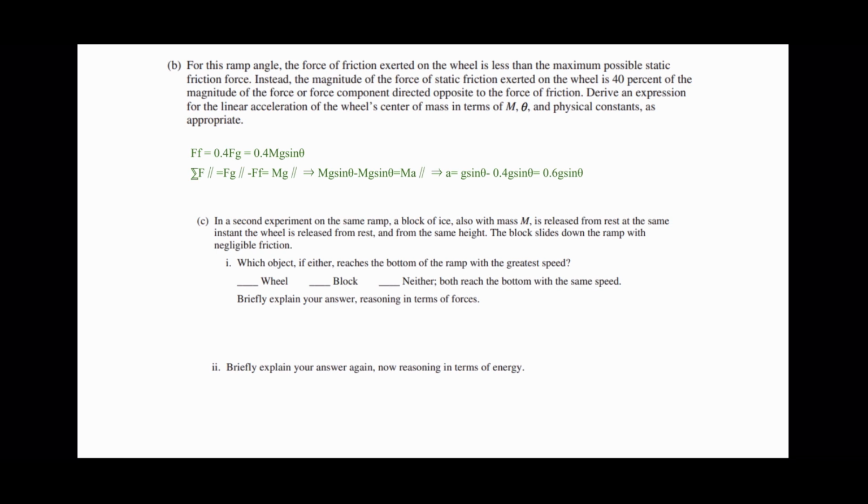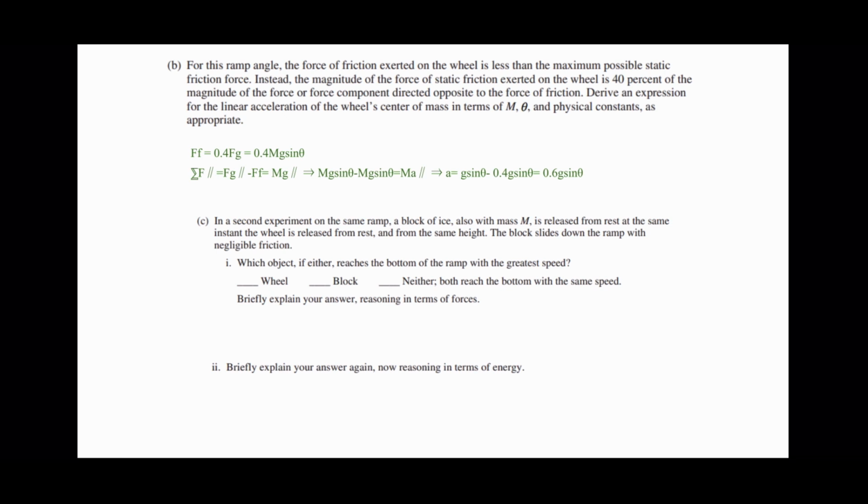And since they all have mass, we can divide by that. So it's just going to be acceleration equals g sine theta minus 0.4 g sine theta, which is going to equal 0.6 g sine theta.